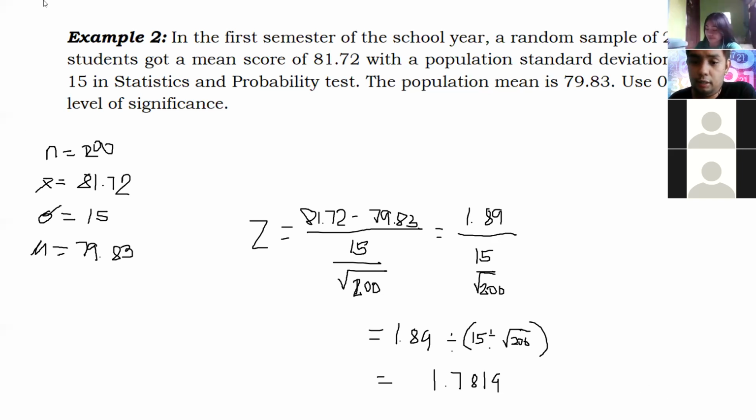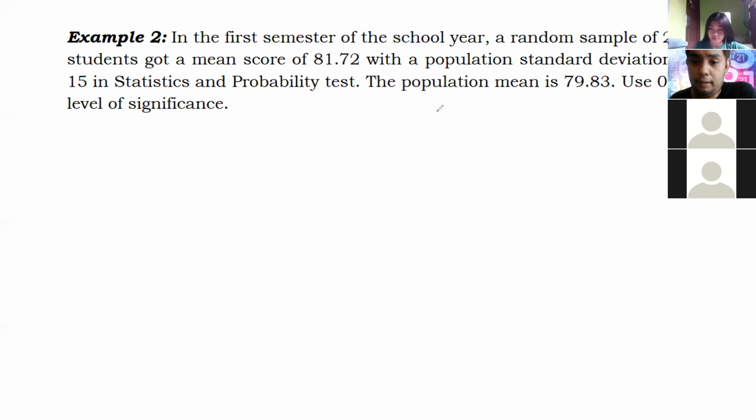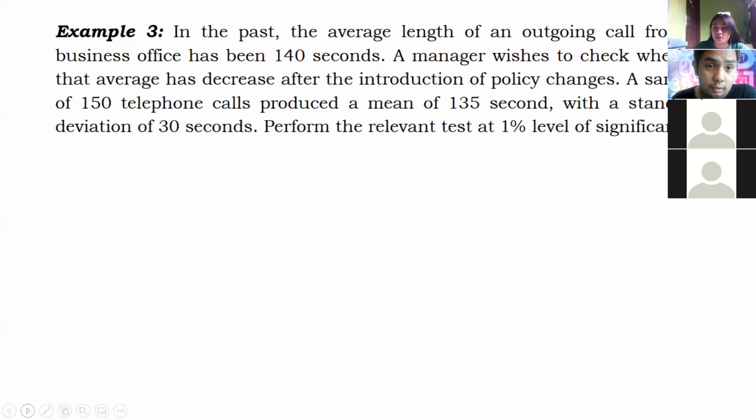Okay, so let's have another one. I think this is very easy naman para sa inyo na maintindihan kung ano ginagawa natin. Let's have example number 3. In the past, the average length of outgoing call from a business office has been 140 seconds.